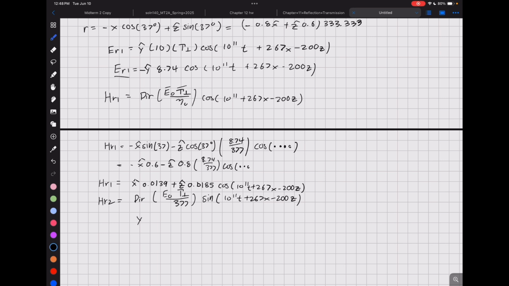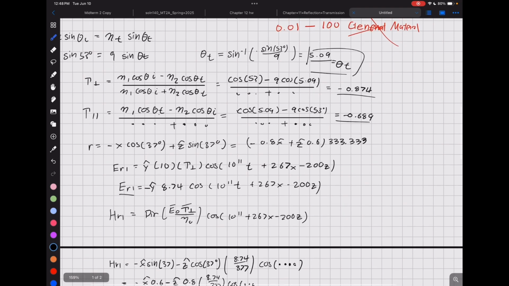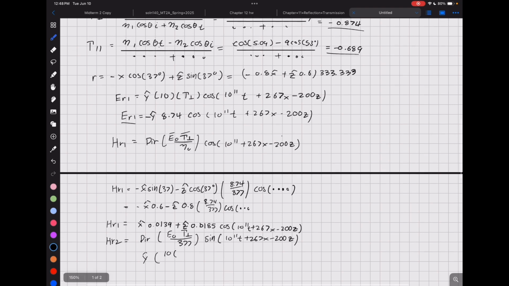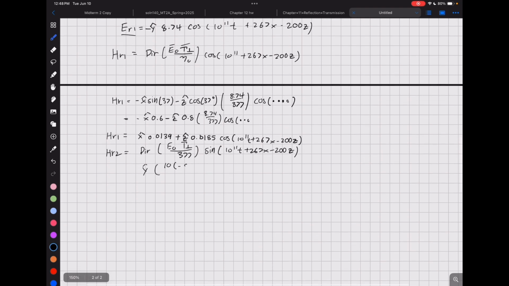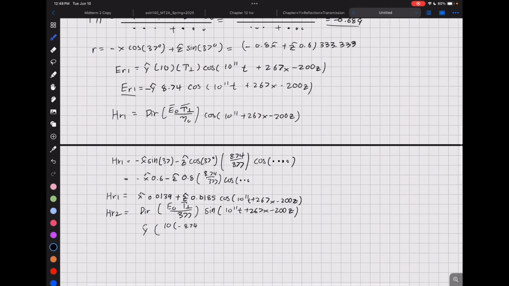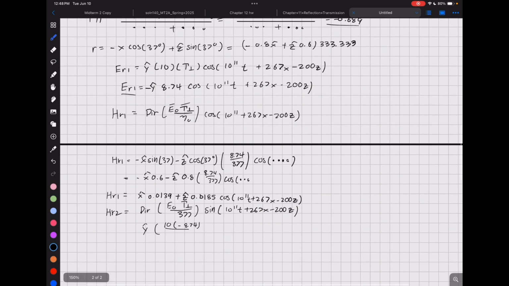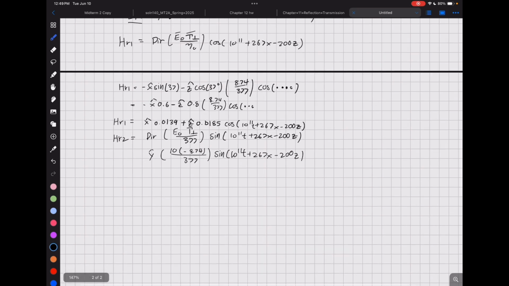Okay, so we have y hat, and then we have 10 multiplied by the perpendicular, which is negative 8.74, over 377, sine of 10 to 11 t plus 267, and our H reflected 2 is actually going to be in the negative y direction.